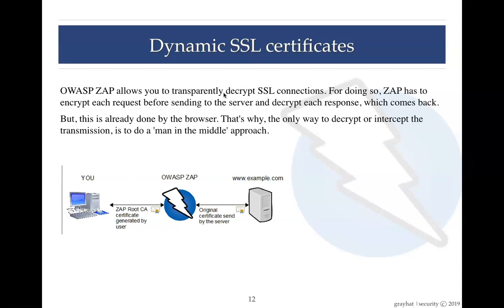How this man-in-the-middle approach is done, you can see in this picture: a root CA certificate is generated by the user and then sent to the server. In this case, the example is example.com.